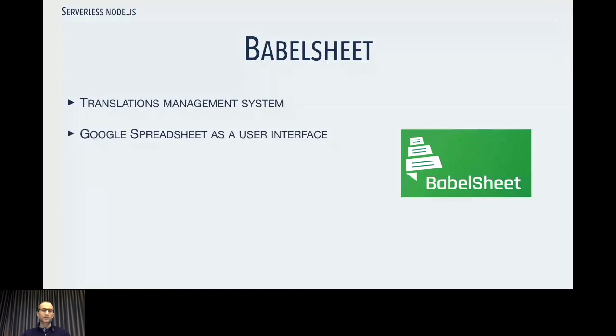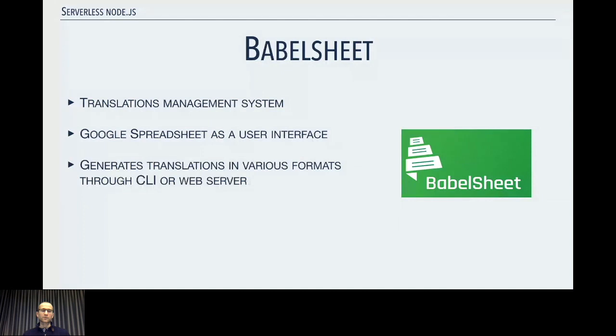Under the hood, it uses Google Spreadsheet, and it has a very good user interface where you can work with multiple users, who can edit those translations at the same time. It also gives you a lot of other possibilities, like automated translations to other languages, because Google Spreadsheet has that API included. And with BABELSHEET, we can generate translations in various formats through a CLI tool or through a web server.